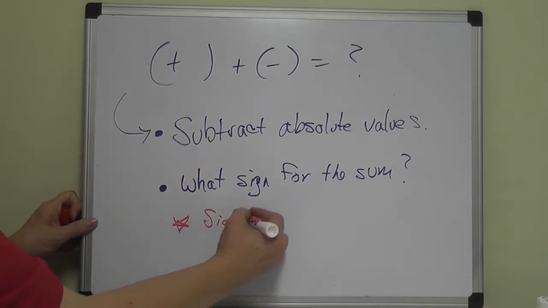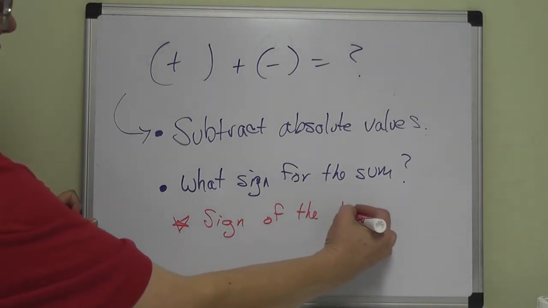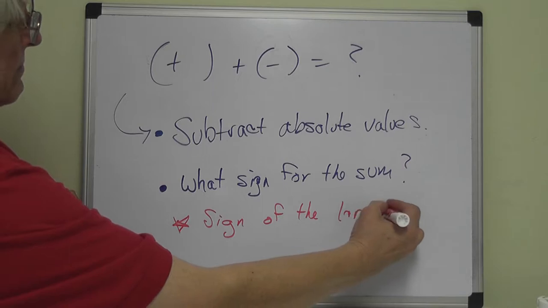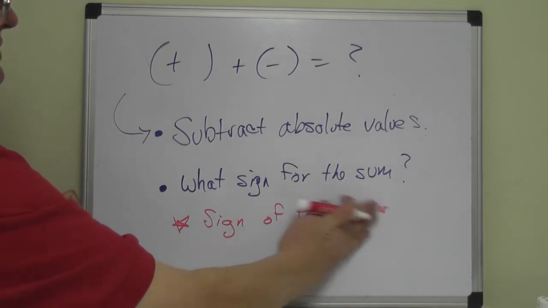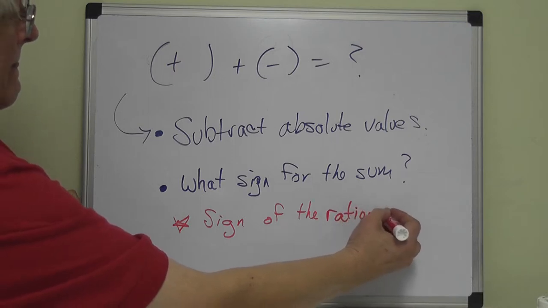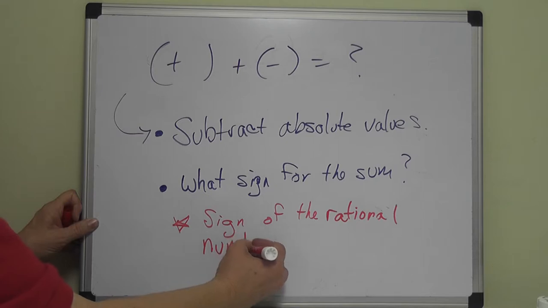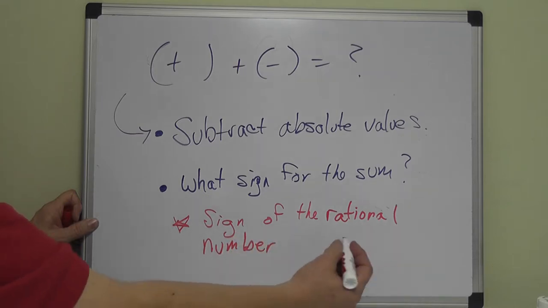I'm going to take the time to write this out. Sign of the larger, sign of the rational number with the larger absolute value. It is so awkward writing down here low.